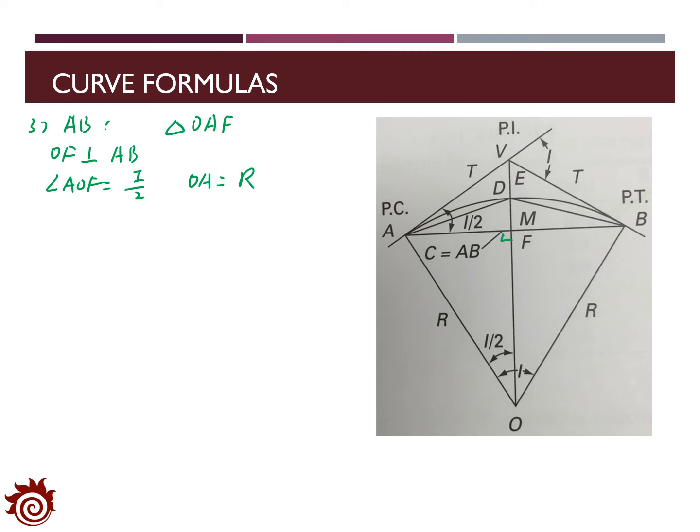This indicates that the length of AF is R times cosine half I. As we know that F is the midpoint of the chord, we can find the length of AB as 2 AF, that is 2 times R times cosine half I.